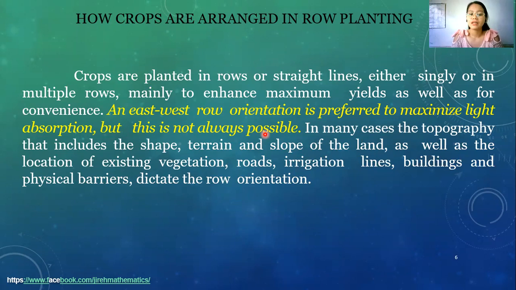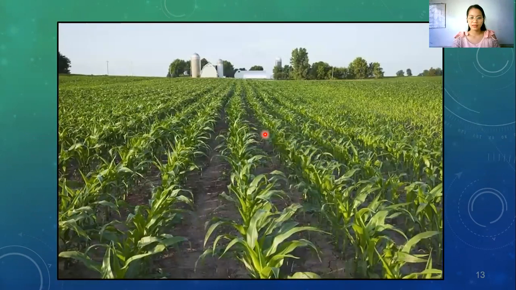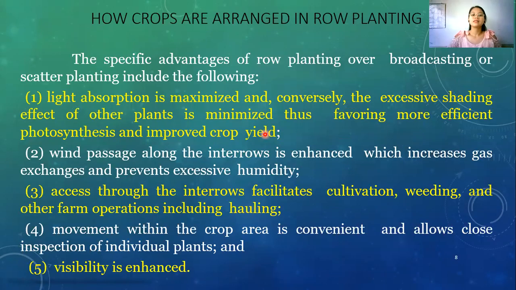So even if it is ideal to have an east-west row orientation, in some cases it is just not possible for the said reasons. Here is an example of row planting. This is a vertical row planting.